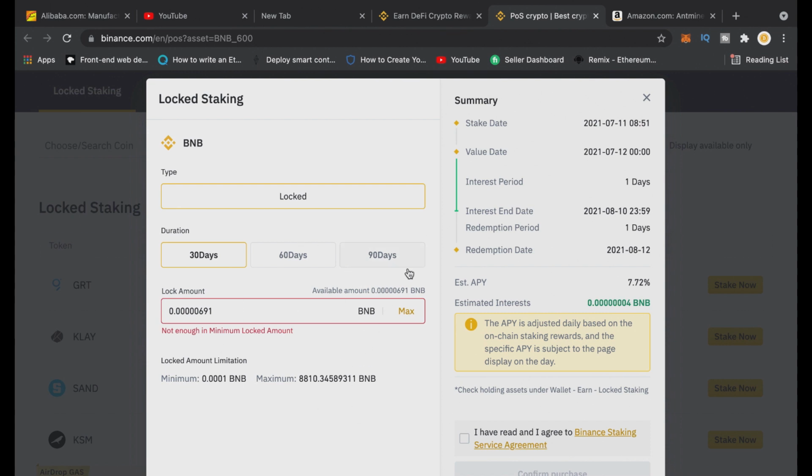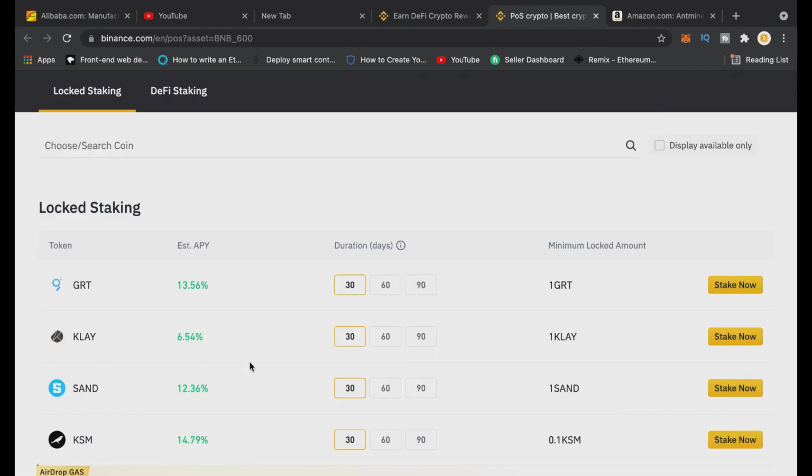But before doing this, you have to transfer some BNB into this. You need to have some BNB. Then it tells you the stake date, the value date, interest period is 1 day. Interest end period, redemption day, single day redemption. So every 24 hours, you'll be getting some returns. The minimum is this, and the maximum is 8,810 BNB. Whoa, that's a lot.